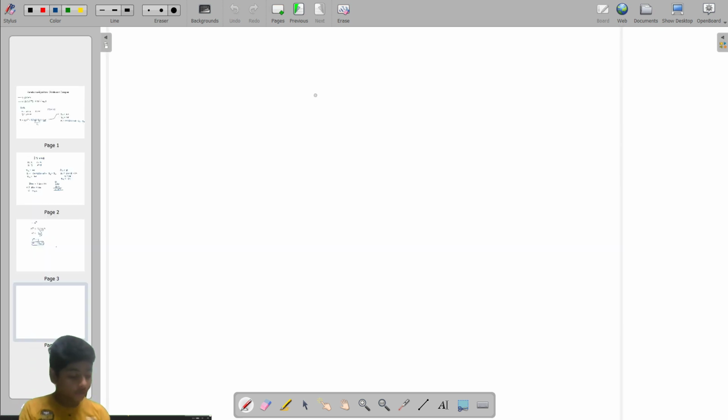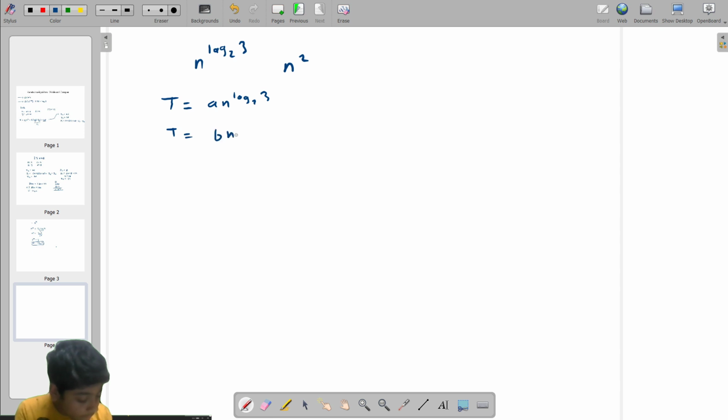So the time complexity we have achieved for Karatsuba is n to the log base 2 of 3, compared to the original algorithm's n square. Now you may say that we are doing so many steps in Karatsuba. These steps are really a pain, and that can be understood by the coefficients, because these are not exact times. Suppose the exact time is a times n to the log base 2 of 3, and this is b times n square.